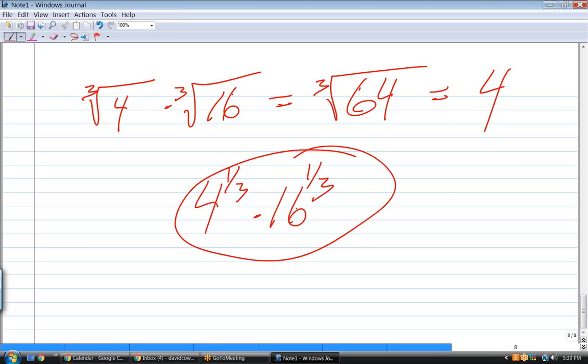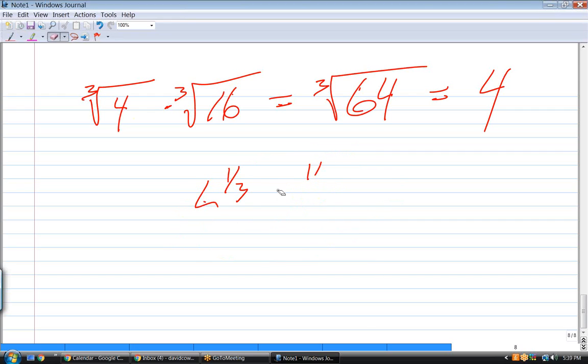How in the world do I come up with 4 there unless I multiply 4 times 16 and take the cube root of the answer?